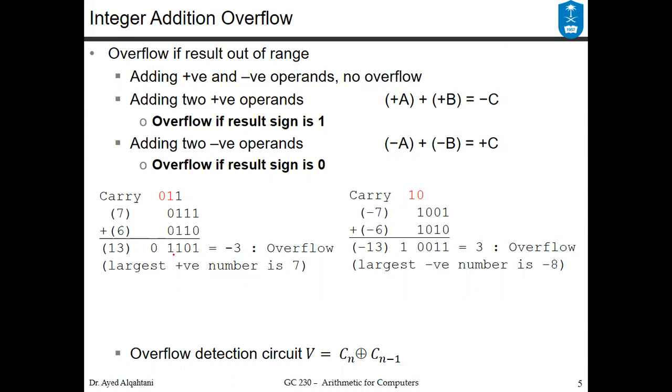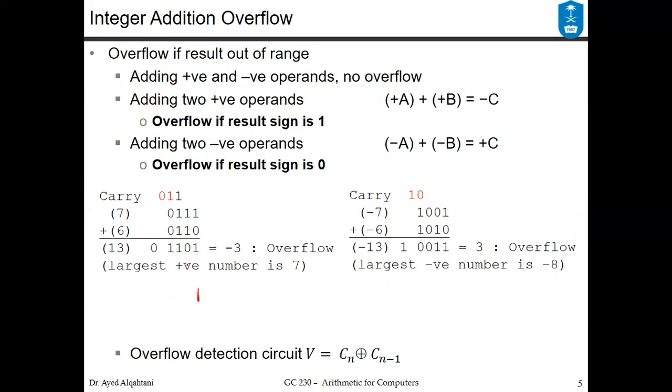Using the 4-bit representation, you can see that this is a positive number, this is a positive number, and here we have a negative number. If you want to know the value of this negative number, you can do the 2's complement. The first one you keep, and then after that you flip.